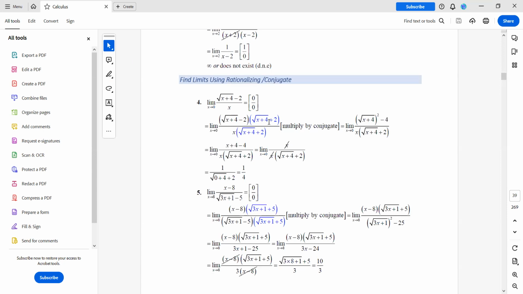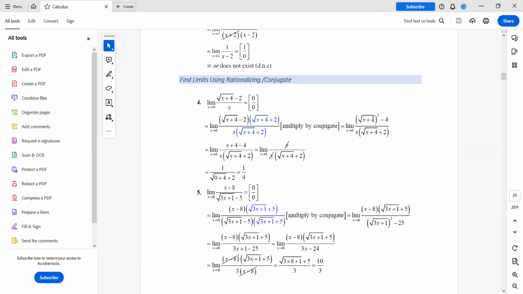So you have square root of x plus 4 plus 2 over x times square root of x plus 4 plus 2. When you do that, you get square root of x plus 4 squared in the numerator, and minus 2 times plus 2 gives you minus 4, over x open bracket square root of x plus 4 plus 2.